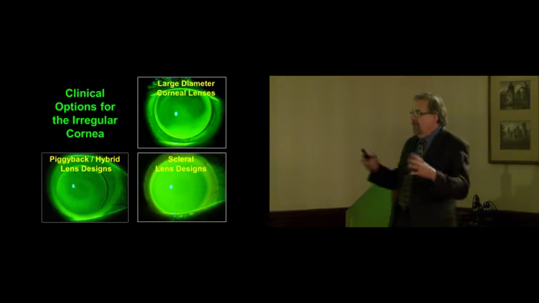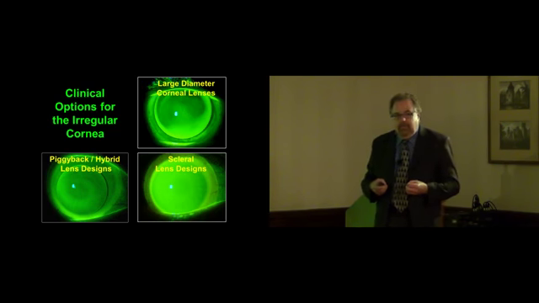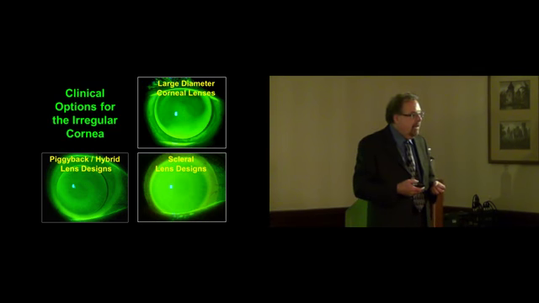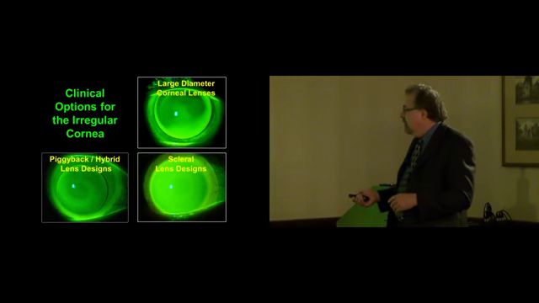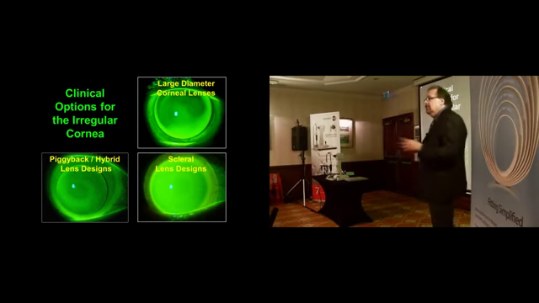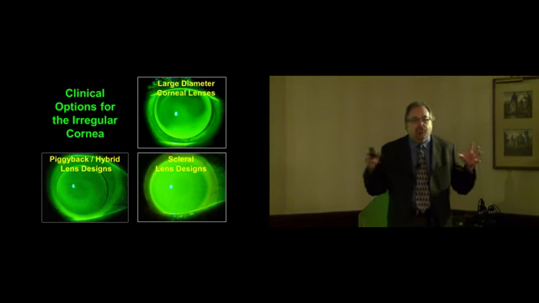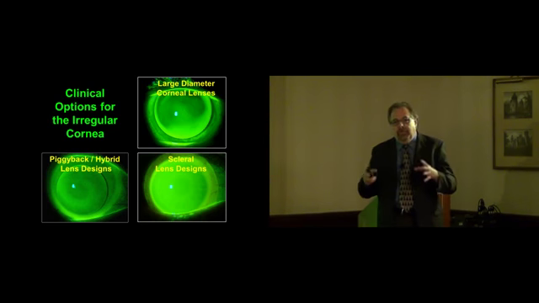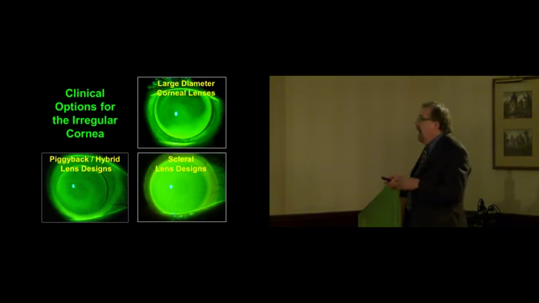We also have, in the category of rigid lenses, hybrid lenses or piggyback lens designs, and then today we have this new scleral lens design that is again a viable option to entertain for the patient. Now the major question is, when do I use which and how do I go about doing it?